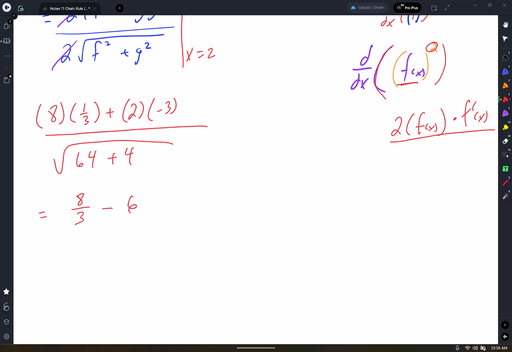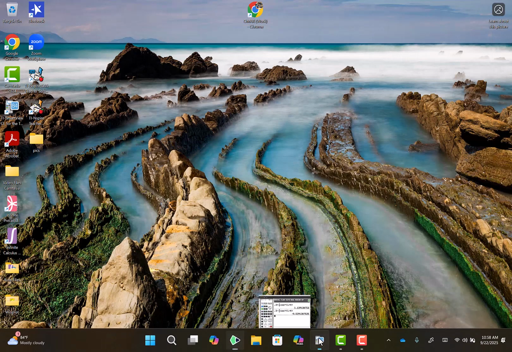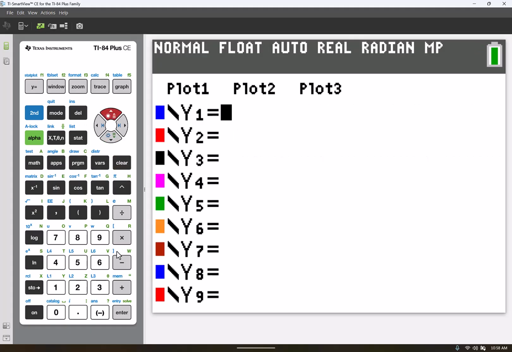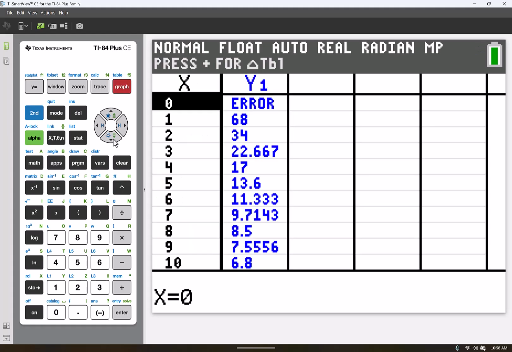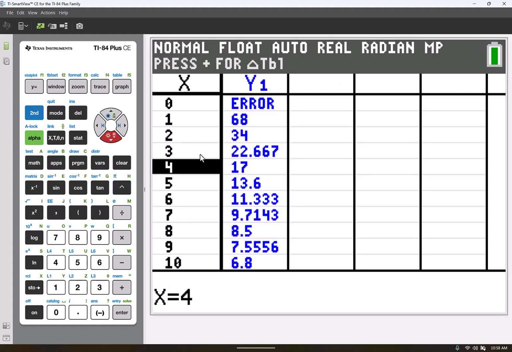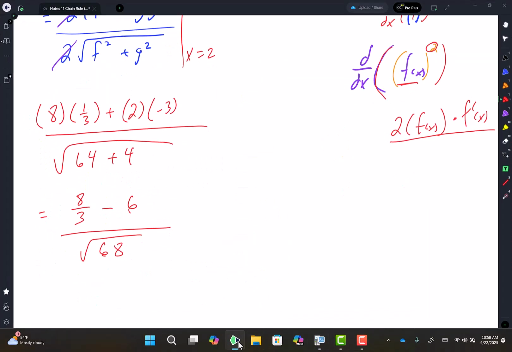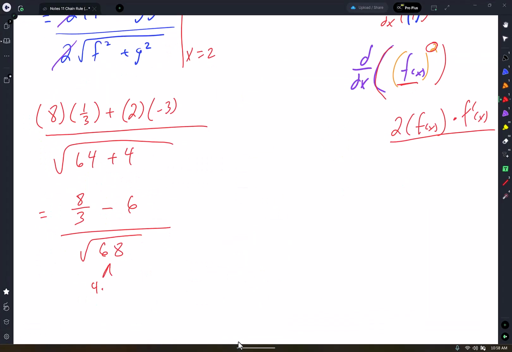All right, so let's see what we have. 8/3 minus 6 over the square root of 68. We're still okay? All right, I'm going to take my little calculator here. I'm going to do my little hack. I'm just going to go 68 divided by x, and I'm going to be looking for a perfect square root. Right there, 4 and 17. Do you guys see what I did? So this is 4 times 17.